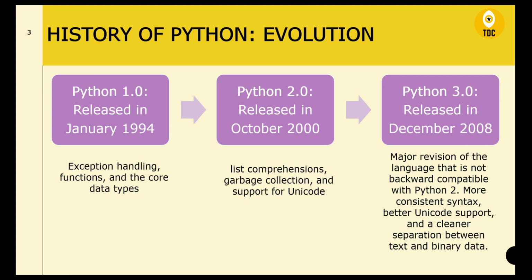There are a lot of features that are revamped in Python 3 because it's a major release. And when we say it is not backward compatible, they might have removed some older features of 2.0, right? So if you're using Python 3.0, there might be a few features that were in Python 2.0 which might be missing. But even though they are missing, we do not worry because it is a more improved version in 3.0 because it is a major revision.